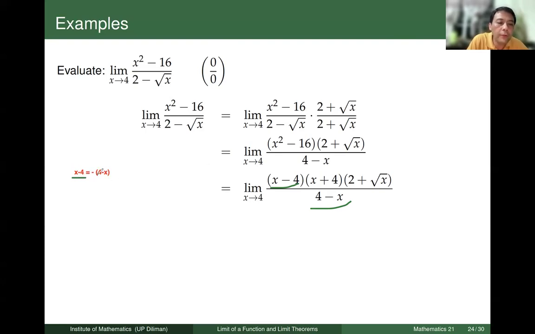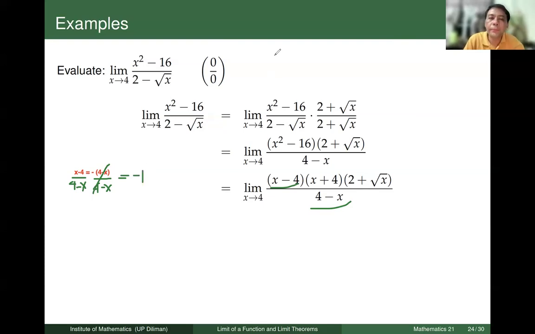This, yeah, this is correct. No? So when you divide by 4 minus x both sides, so this will just cancel. Okay, so this will cancel. And this is equal to negative 1.